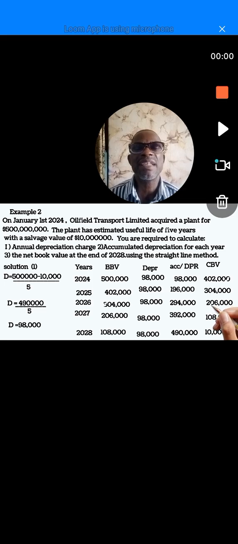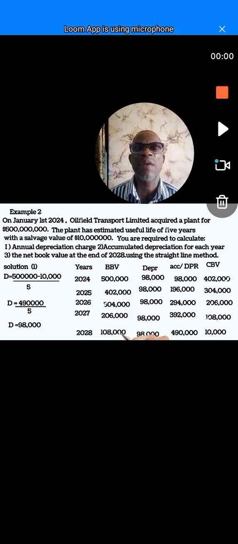As you can see also, the closing book value of 2027, which is 108,000, is the beginning book value of 2028. That is 108,000.